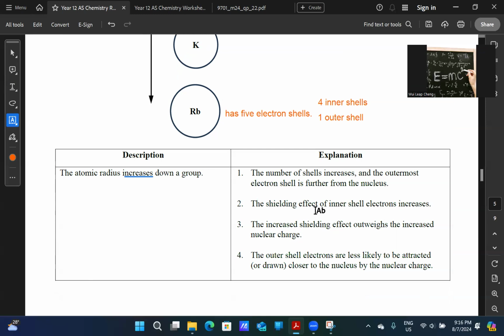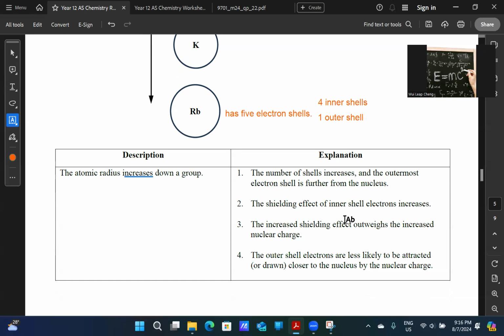The idea is the increased shielding effect outweighs the increased nuclear charge. Even though the number of protons increases, the increase in shielding effect gives more impact than the increase in number of protons. Please take note, okay?